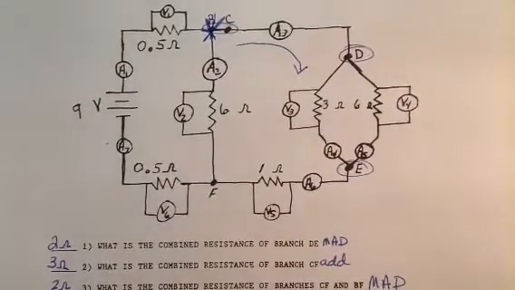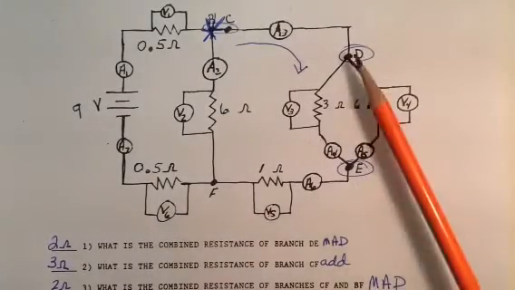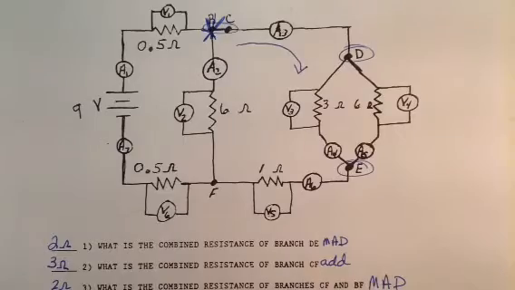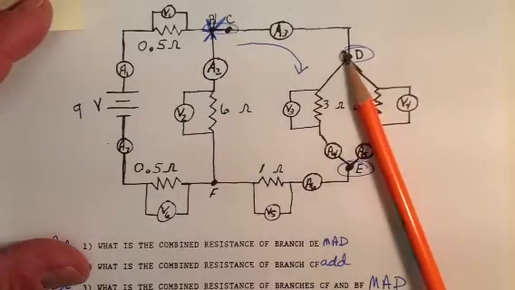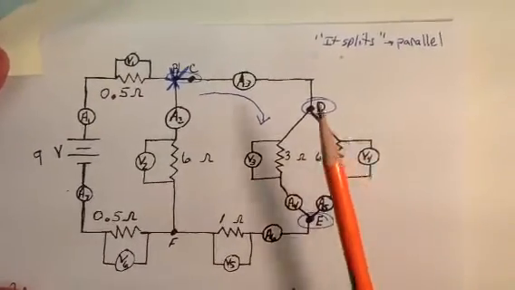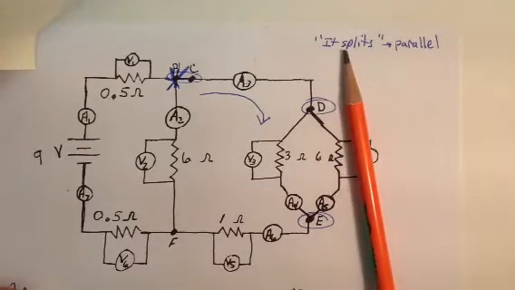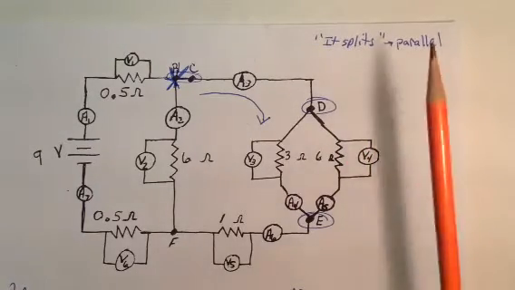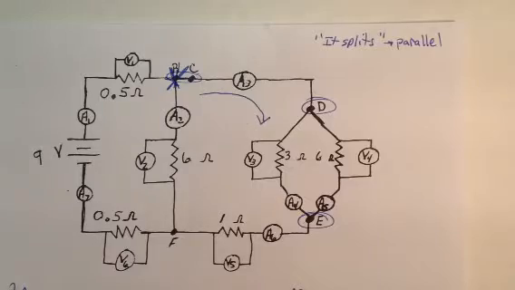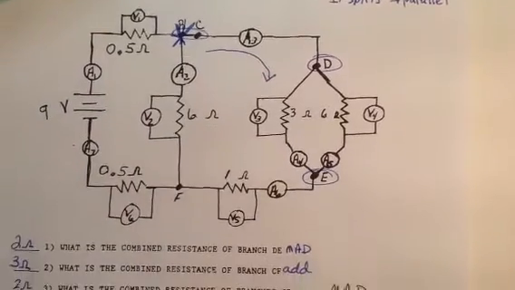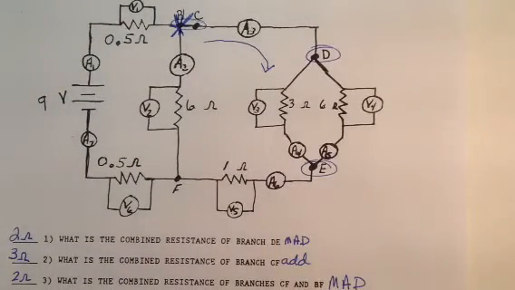Okay, just a quick review on how we got our resistance. If you remember, first question, branch D to E, we ask ourselves what happens at point D, and if you answer it splits or there's a fork in the road, it's parallel. So we use our MAD method with the two resistors that we have.